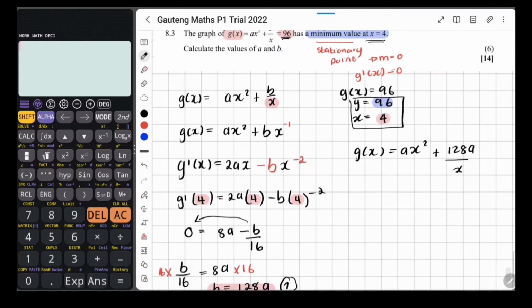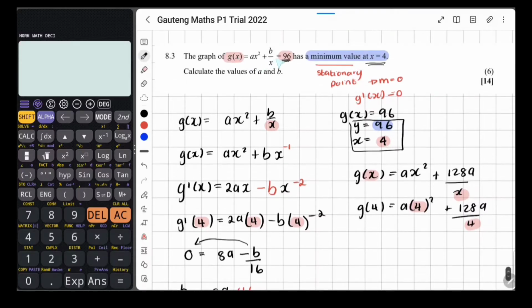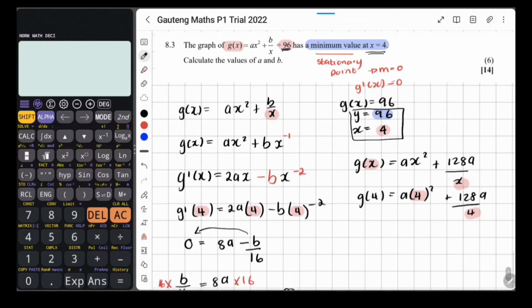In place of x, I'm going to substitute 4. So g of 4 is equal to a times 4 squared plus 128a over 4. And g of 4 is actually 96, since that's the y value.